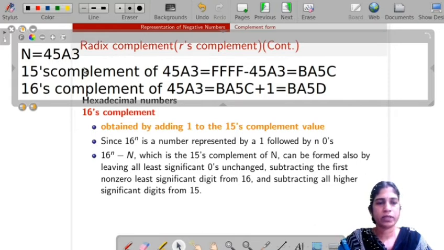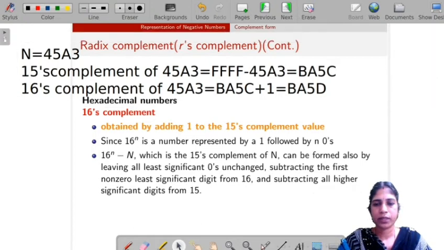F minus 5 is equal to 15 minus 5, 10. That is A. Then F minus 4 is equal to 15 minus 4, 11. That is B. That is the second method: subtract the first non-zero least significant digit from 16 and subtract all higher significant digits from 15. You can adopt any method.